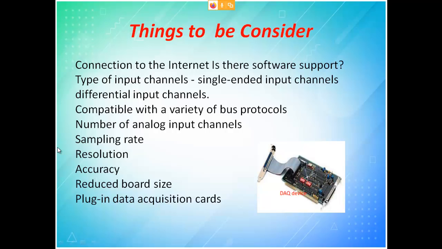Things to be considered are the connection to the internet and software support. If you want to send any data, you send it through the internet. Then the type of input channel, like single-ended or differential input channel, and compatibility with a variety of bus protocols.